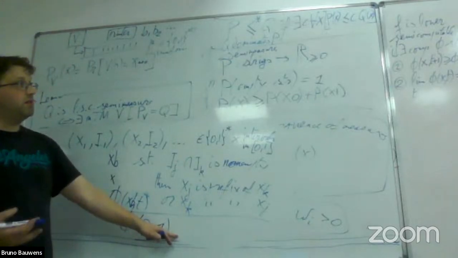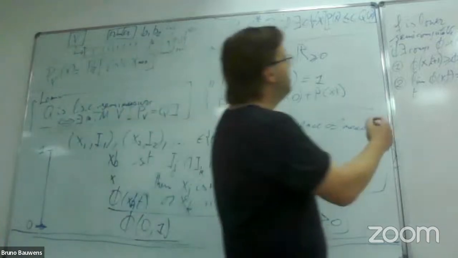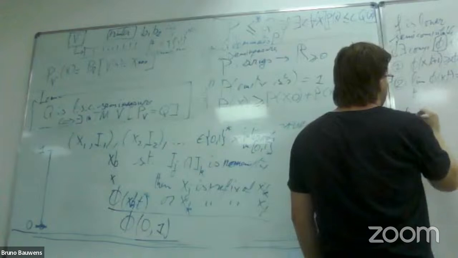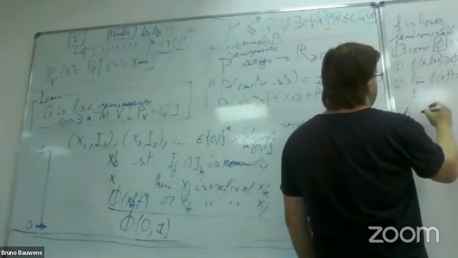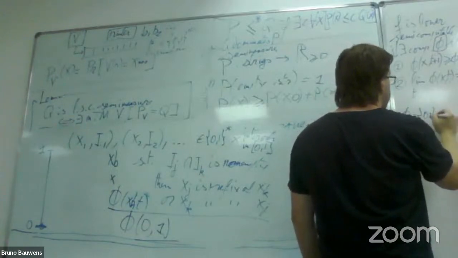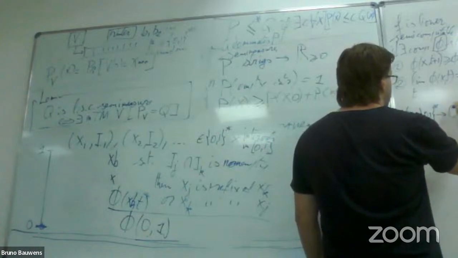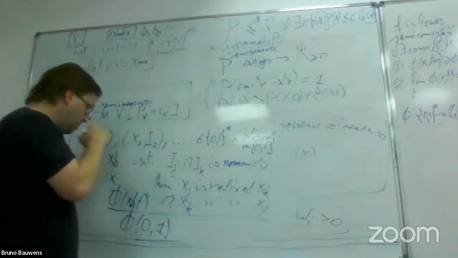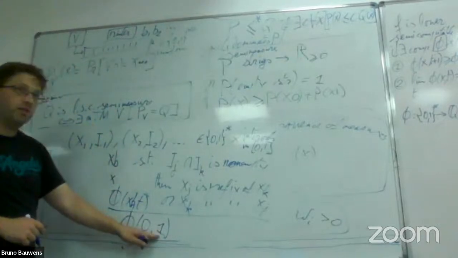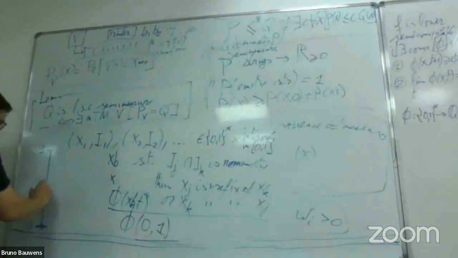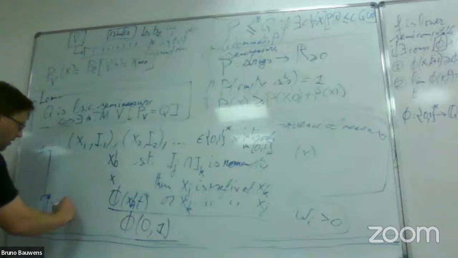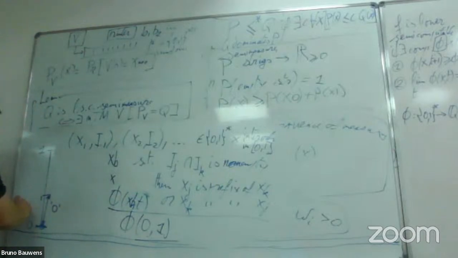It's rational. Well, I forgot to say, here I have a lower semi-computable phi, which should be a rational function from strings to Q. So here we have a rational value, and then we assign an interval here. We label it by 0, and the length is phi 0, 1.